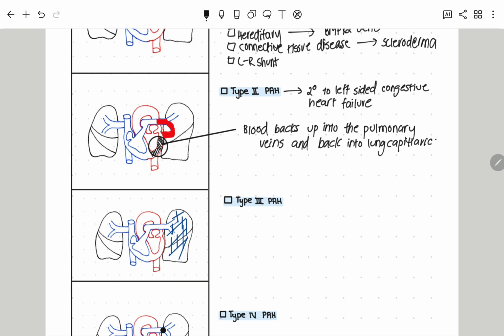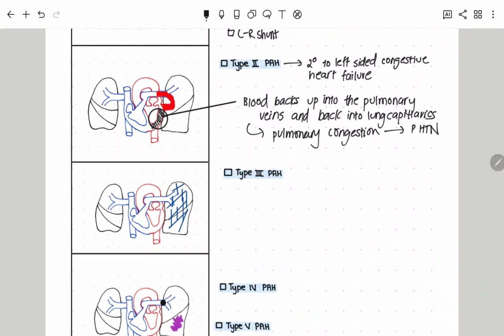This in turn then leads to pulmonary congestion, which then leads to pulmonary hypertension. And that is pretty much it.